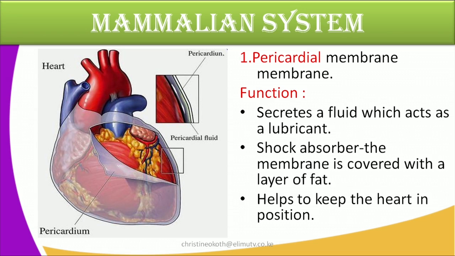The second function, it acts as a shock absorber. The membrane is covered with a thick layer of fat that helps it to absorb shock because the heart has to be protected. Next function of the pericardial membrane, it helps to keep the heart in position. Those are just among the functions of the pericardial membrane, a very important membrane in the human heart.